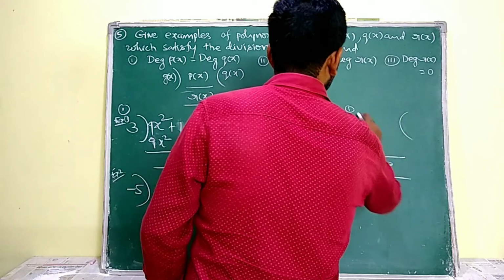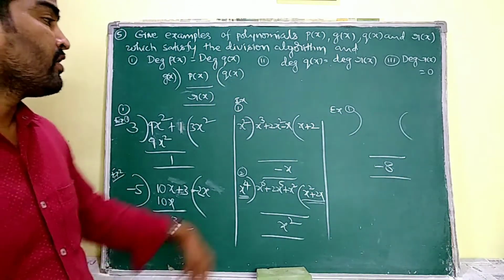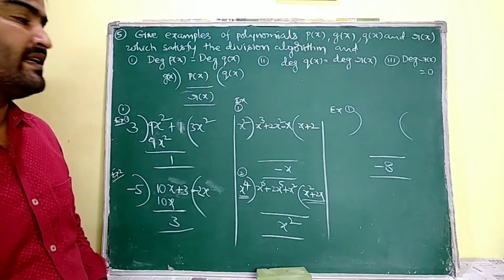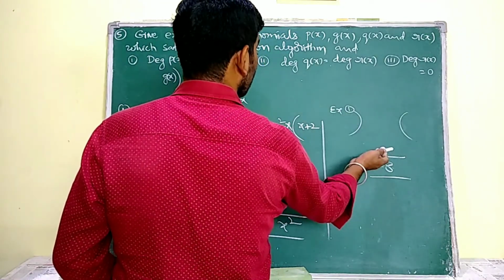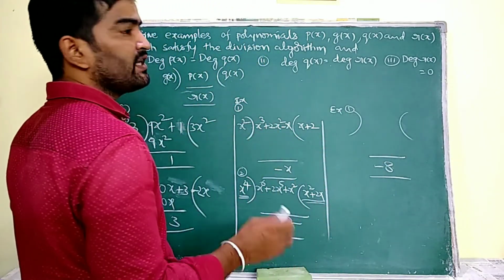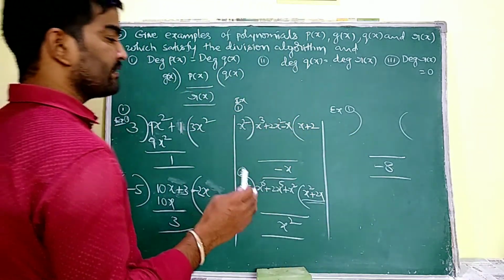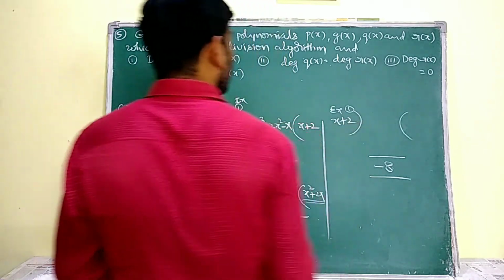Now the remainder's degree is 0. Then you may consider the divisor's degree as a constant, that means 0, or other than 0, that is more than 0. Why? Because we know that the degree of g of x is more than the remainder's degree. So here I am going to write the divisor as x plus 2, with degree 1.